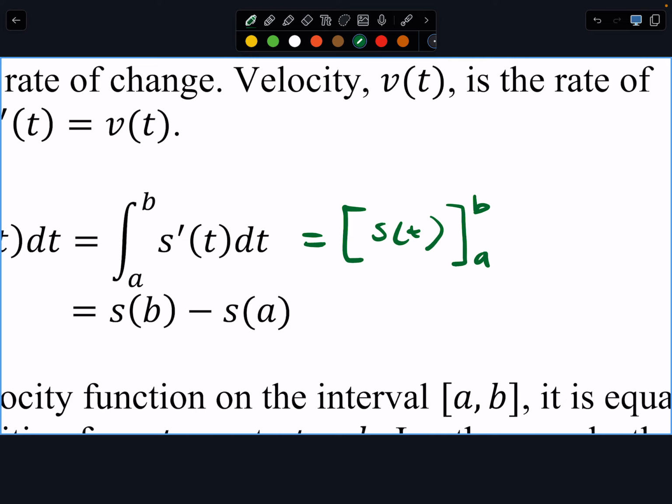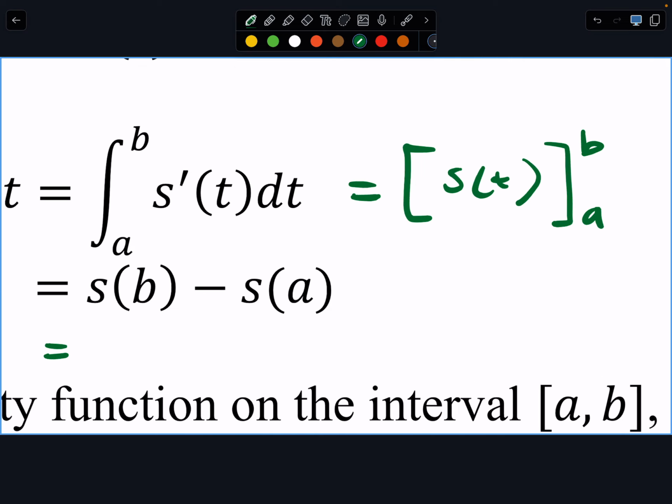I'll write it right here. Position at t equals b. And then minus s of a would represent position at t equals a.